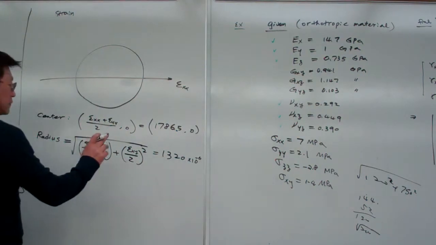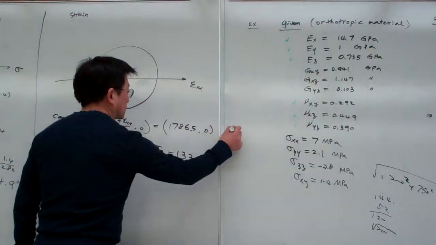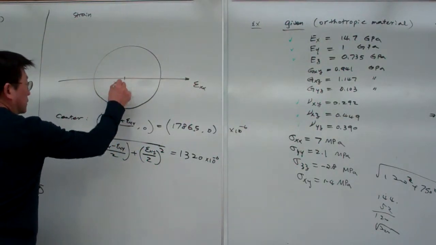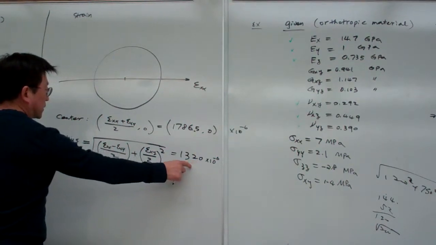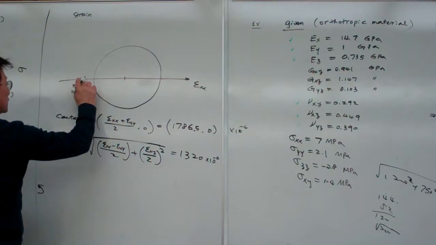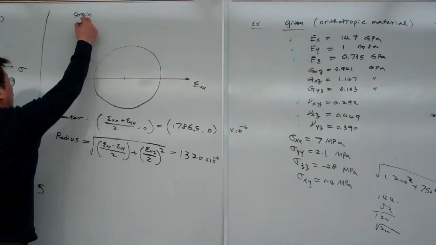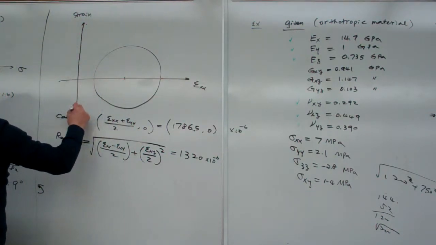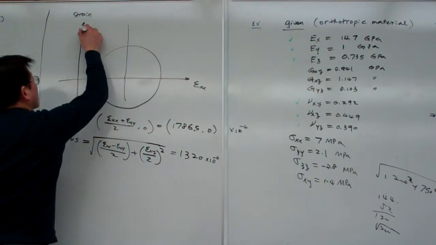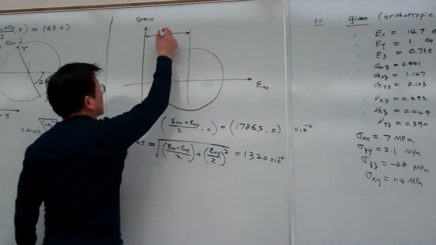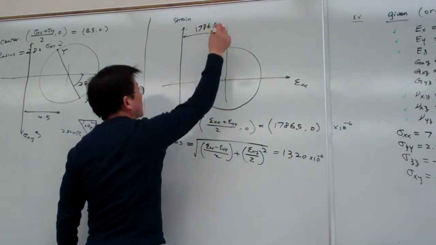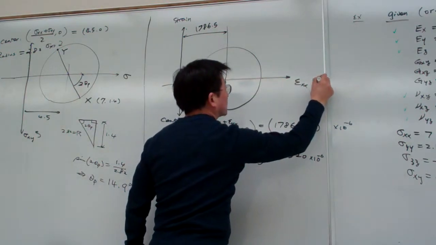Then, okay, use the 10 to the minus 6. So the center is here, with the radius 1320, so that we can locate the axis like here. From the center to here is, let me say, 1786.5, and let me say this is 10 to the minus 6.